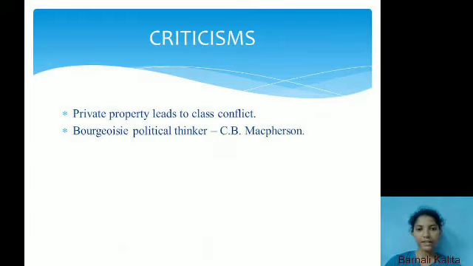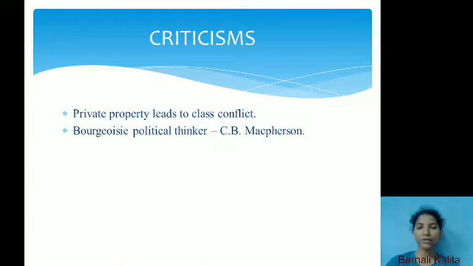Secondly, C.B. Macpherson has criticized John Locke's theory of private property. C.B. Macpherson has regarded Locke as a bourgeois political thinker because Locke has mentioned a class society where there will be two classes, the rich and the poor.